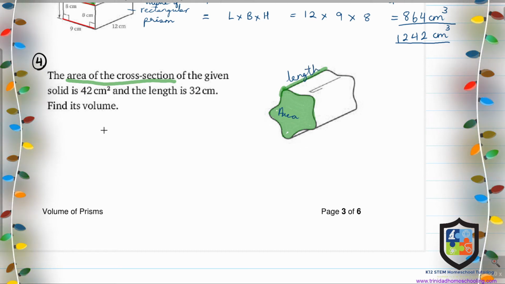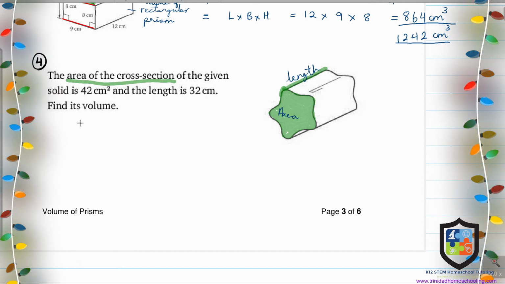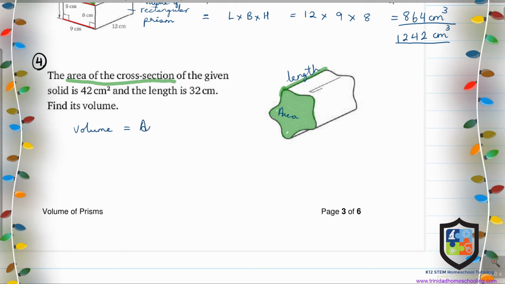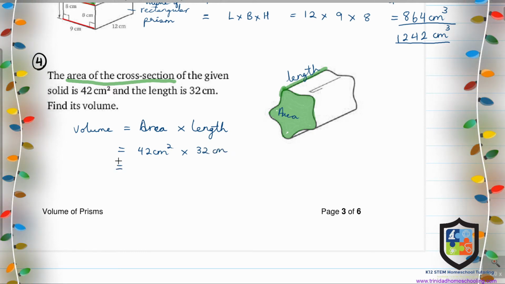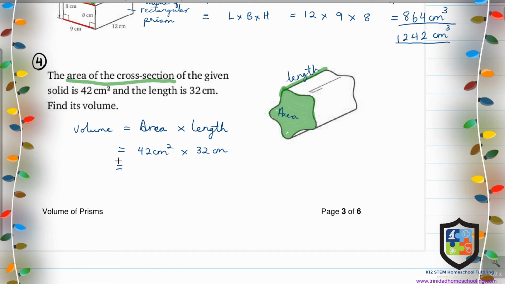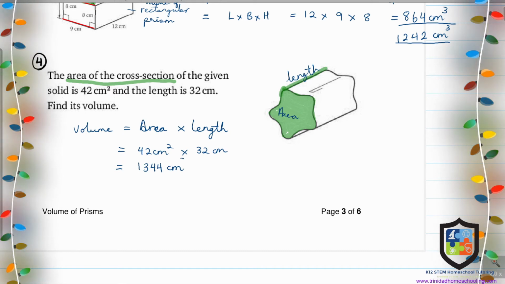So in this case, we could come up with our own formula for the volume of this shape, and that volume, as we spoke before, is the area of the cross section multiplied by the length, and the area is 42 centimeters squared by the length, which is 32 centimeters, and our volume is going to be in centimeters cubed. 1344 centimeters cubed.